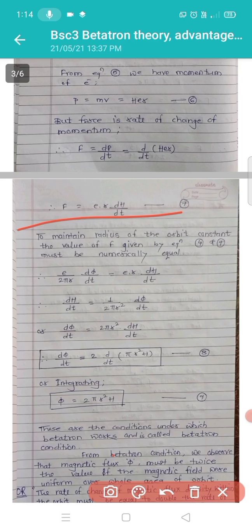To maintain the radius of the orbit constant, the values of force given by equations 4 and 7 must be numerically equal. See here equation number 7 and equation 4.